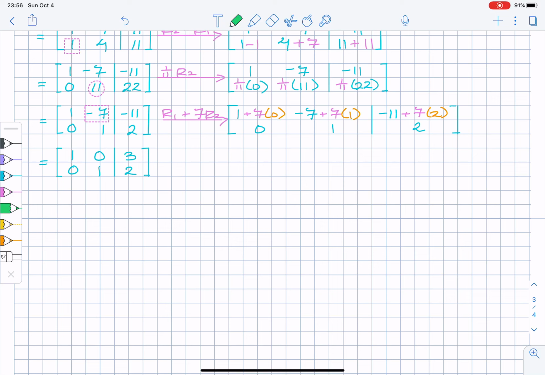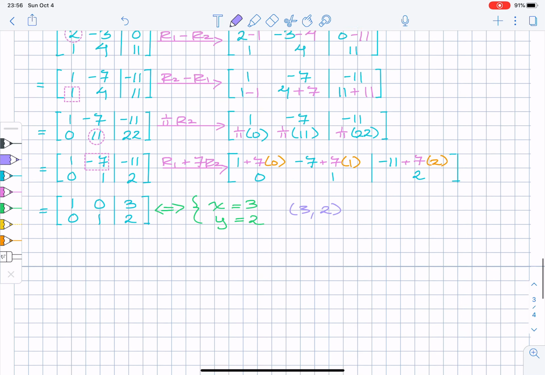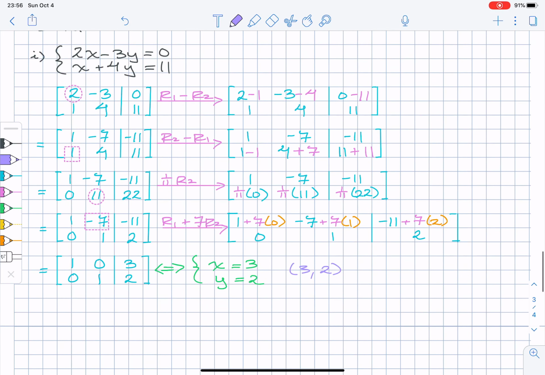So I've solved the system. So the system is 1 times x is equal to 3, and 1 times y is equal to 2. So we have the point 3, 2 is the solution, the point in the plane where these two lines intersect.